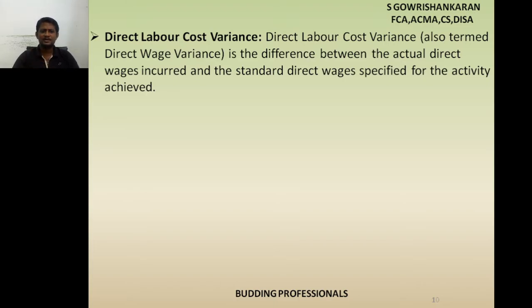Only the name we have to change a little bit, because there we used the word price. Material means price, we ask what is the price of the material. For labor, while paying the wages, we say rate. What is the rate we have to pay? Labor rate per hour or labor rate per day. So there it is price, here it is rate. Okay.